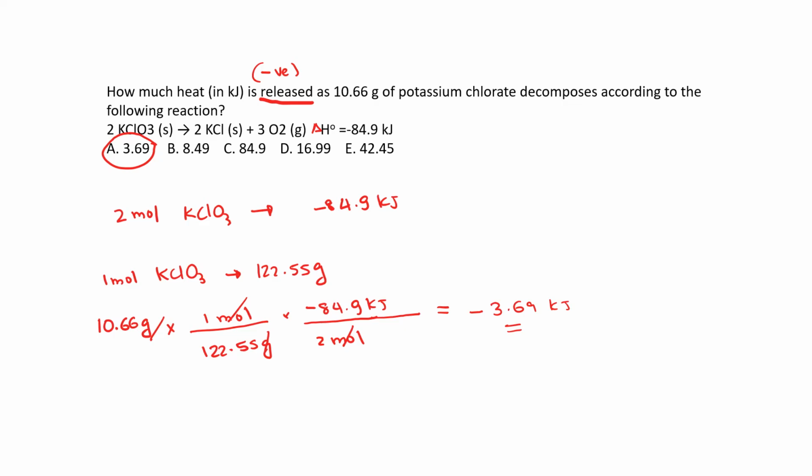And we know from this, 2 moles of potassium chlorate gives off this much heat. So we are going to do the dimensional analysis, and then your answer is 3.69. It doesn't matter whether you haven't seen minus 3.69, because you asked how much energy is released, so it is an indication this is a minus value. So your answer to this question is A.